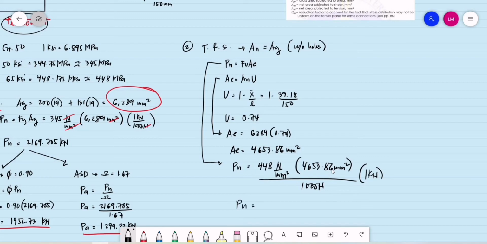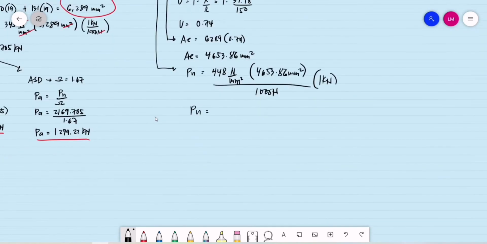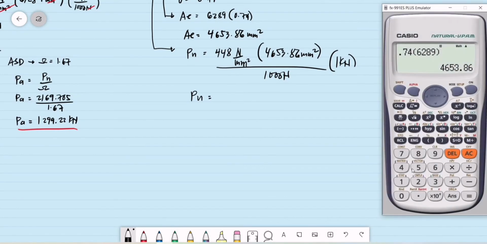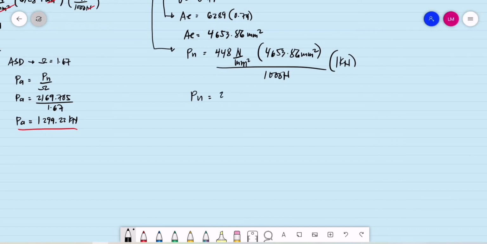Nominal strength is now equal to this value multiplied by 448, then divided by 1,000. That is 2,084.93 kilonewtons.